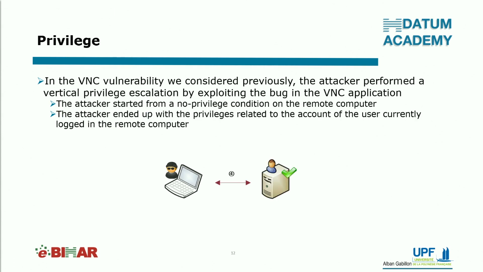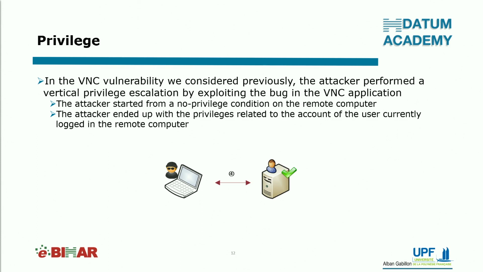And as a matter of fact, in the VNC application that we have seen previously, the attacker started from a level without privilege on the targeted system and ended up with a privilege level corresponding to the account of the user currently connected to the remote computer.